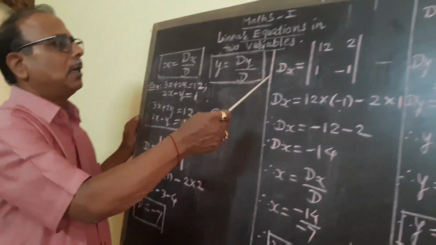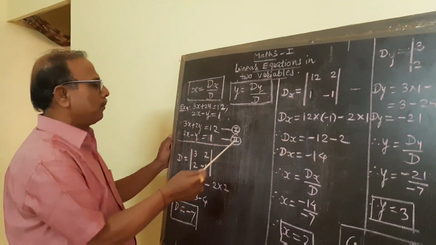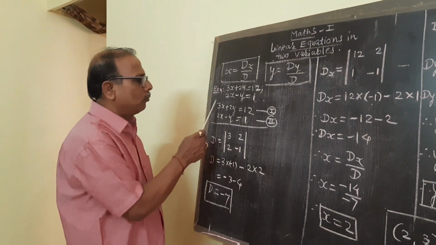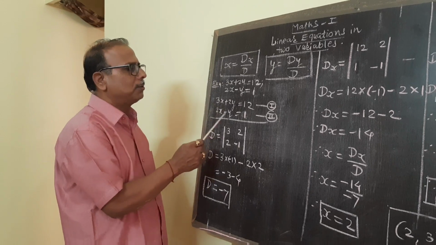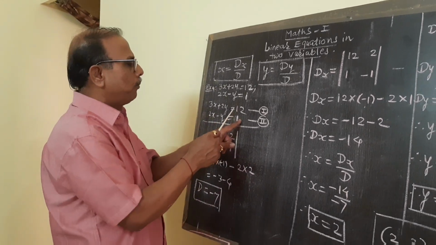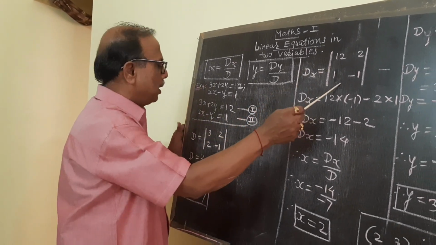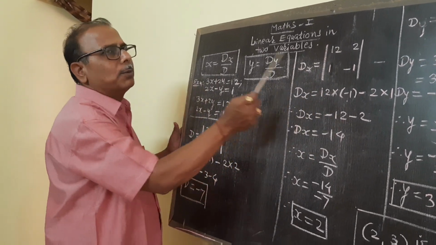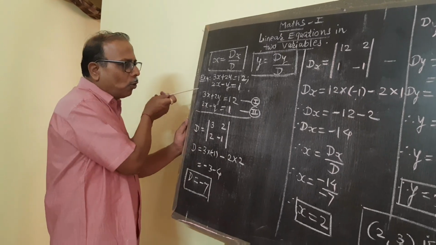Now dx determinant can be written like this. We have already taken these two columns. Now we will take first column 12, 1 and second column 2, minus 1 here. So we'll get determinant dx.